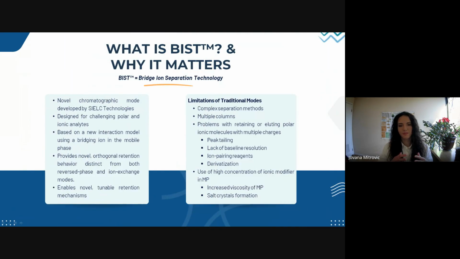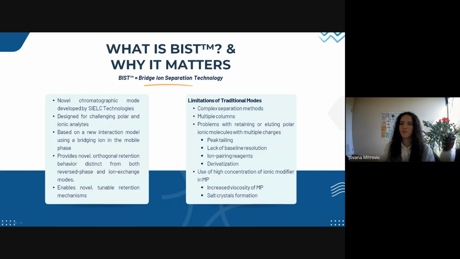Now that we understand the problem, let's talk about the solution, BIST. Bridge ion separation technology was developed by Silk to address the exact challenges we've been discussing. The idea is to create a controlled ionic bridge that connects the stationary phase and the analyte through doubly charged ions in the mobile phase.